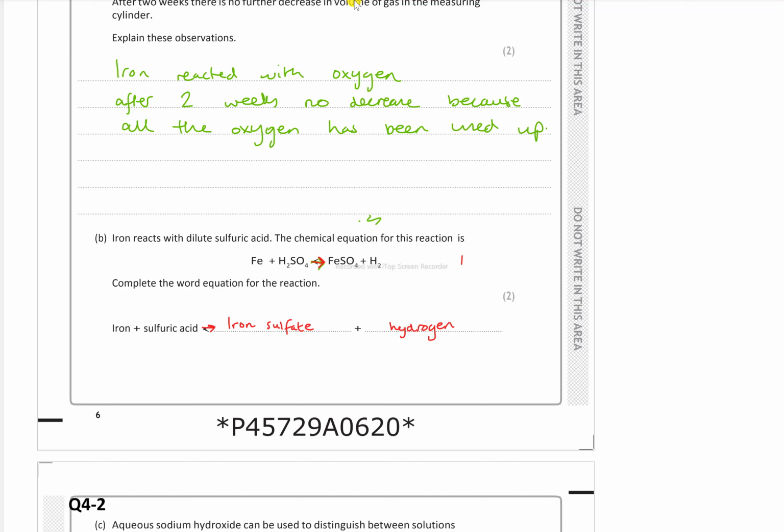You could also write that as iron plus sulfuric acid gives iron sulfate. Let me write that properly. Right, there you go.